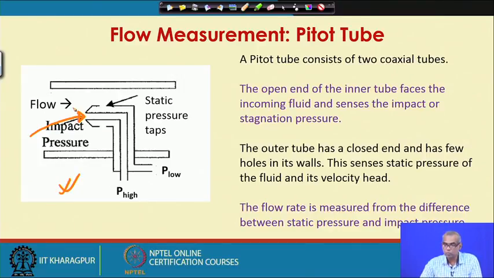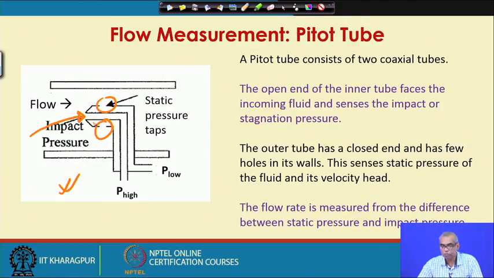The outer tube has a closed end and has a few holes in its wall. This senses static pressure of the fluid and its velocity head. So, Pitot tube consists of two coaxial tubes.